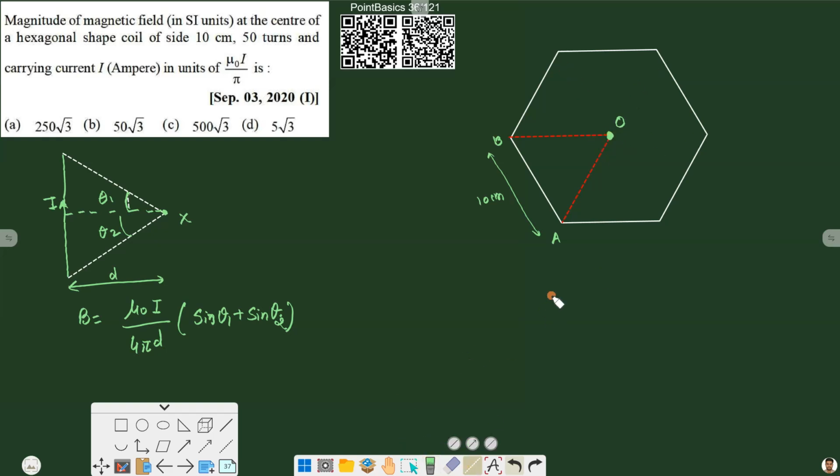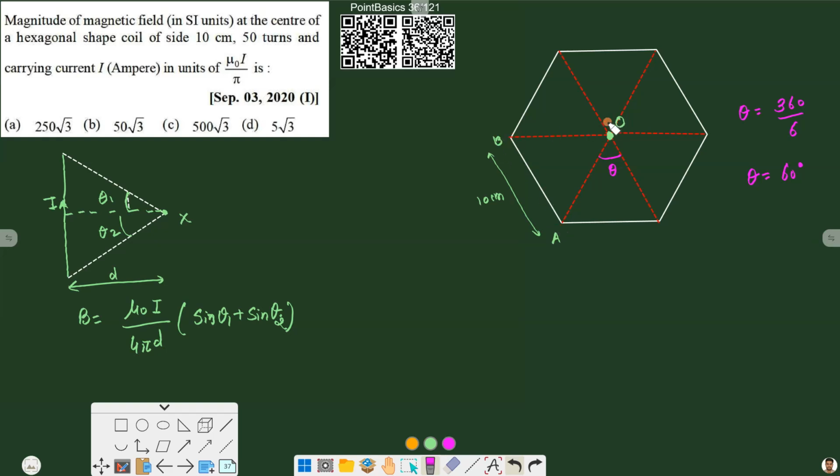Let me draw them also: 2, 3, 4, 5. All angles must be equal because it is a hexagon. So theta will be equal to 360 by 6, because there will be 6 such angles, or theta comes out to be 60 degrees.